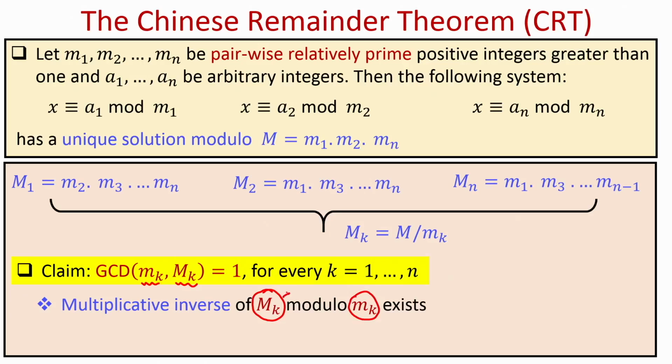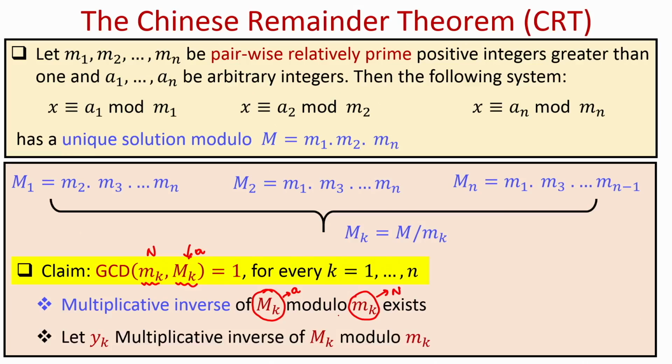So, this is my a, this is my n, and I have shown that a is co-prime to n, and hence I know that the multiplicative inverse of a modulo n exists. So, I know that the multiplicative inverse of big M_k modulo small m_k exists, and I can find it out using the extended Euclid's algorithm.